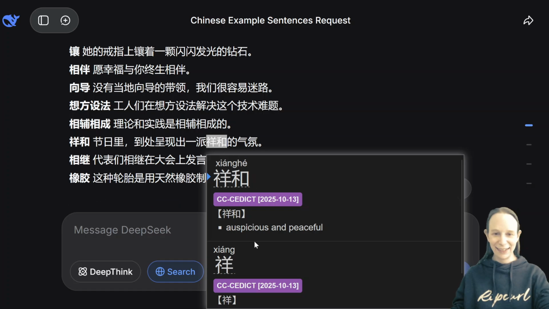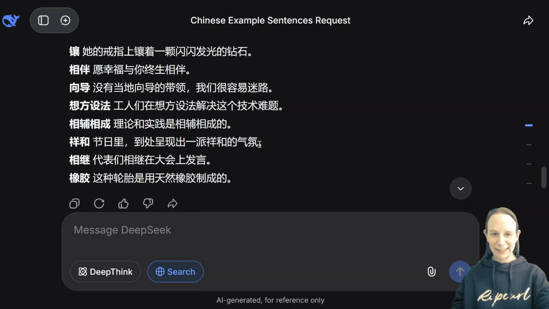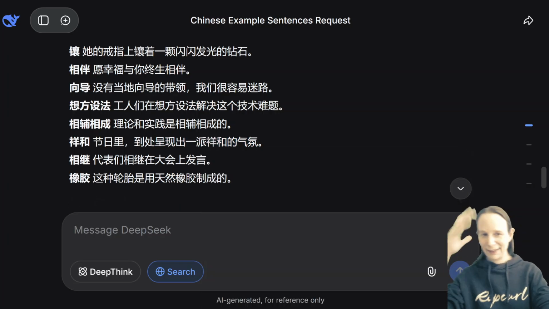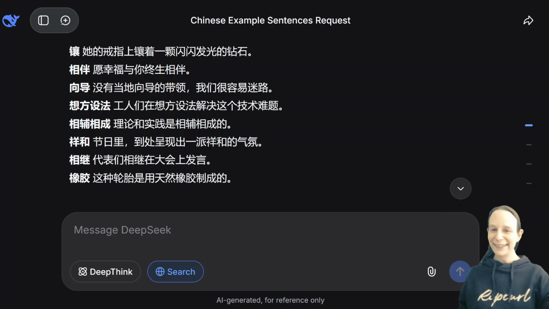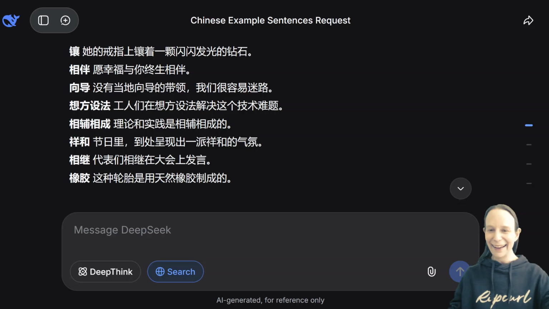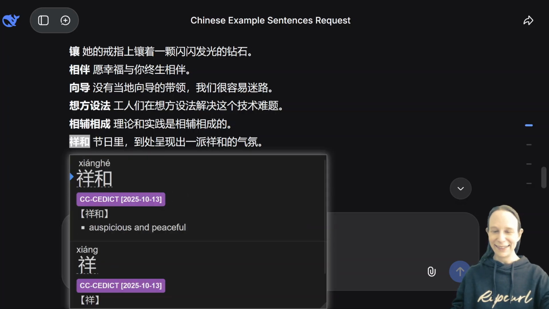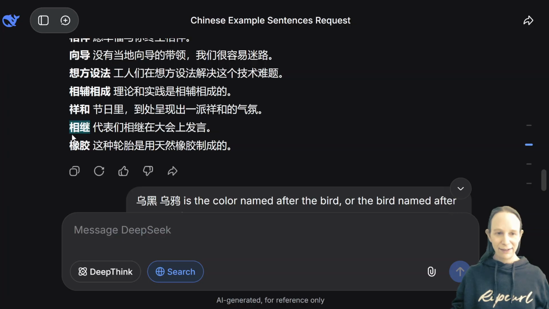No, it's 祥和. It's just auspicious and peaceful. All right. Yeah, I feel like I don't care. It's an adjective describing 气氛, the vibe of an environment. It's one of these words that's really hard for me to care about. I'm not using it.